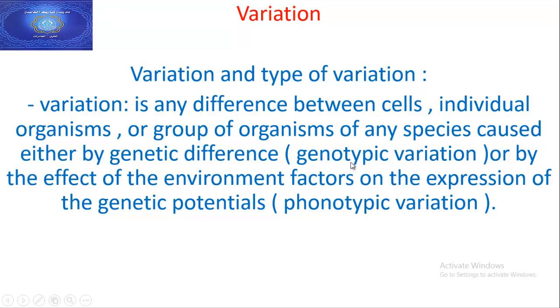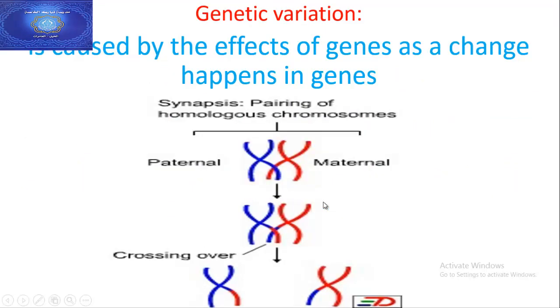Genotypic variation, from its name, means the effect of genes in variation. But phenotypic variation, also from its name, refers to the phenotype. As we studied in inheritance, the phenotype means the appearance of the living organism.